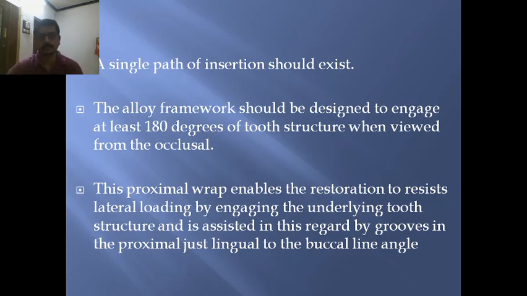Although we are giving the proximal wrap, the main idea is to resist the lateral loading, but it is to be assisted along with the proximal grooves, as we have done in the anterior tooth preparation. Here we are giving the proximal grooves just lingual to the buccal line angle.